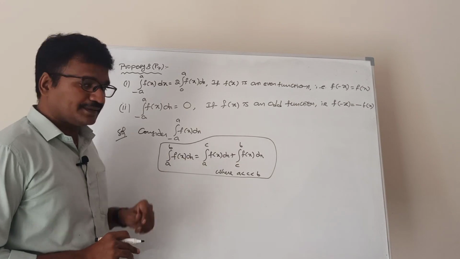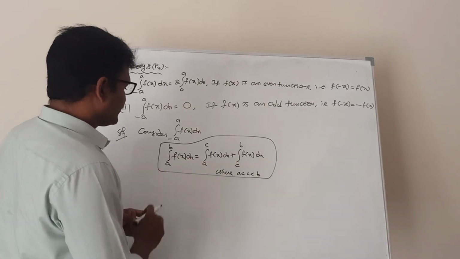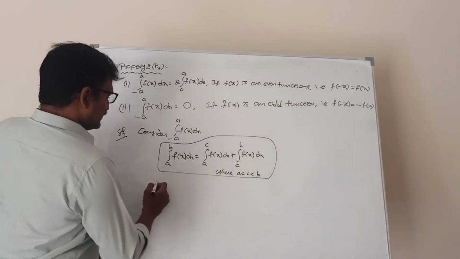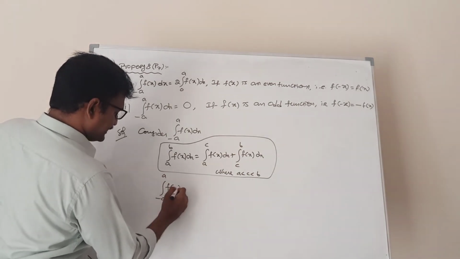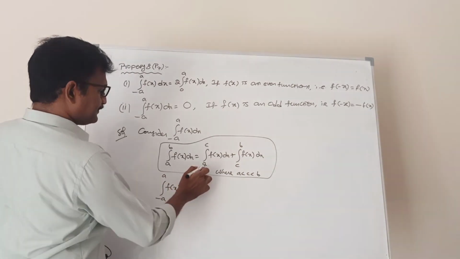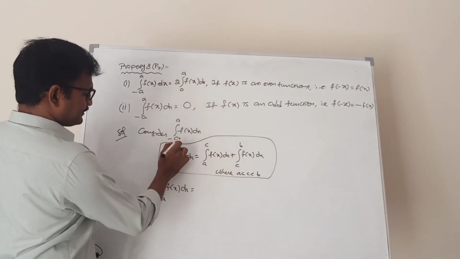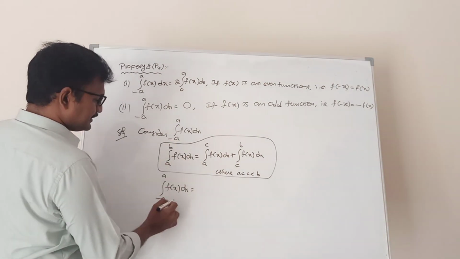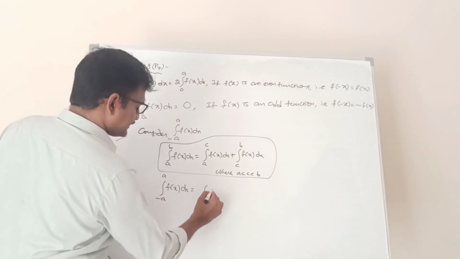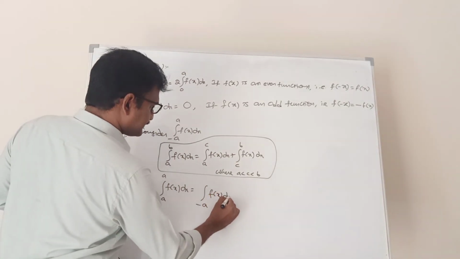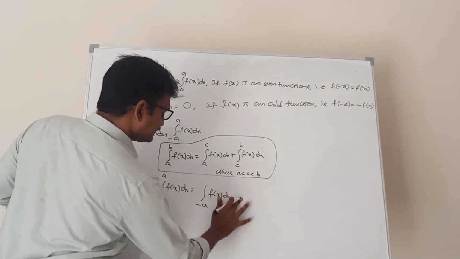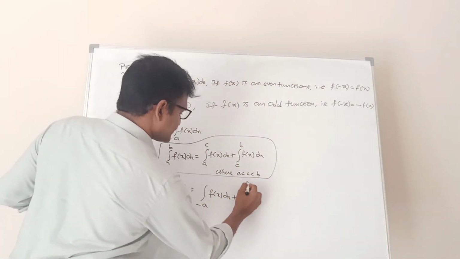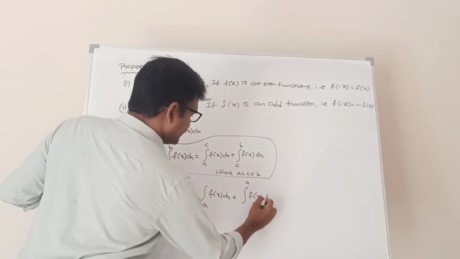This is property number 3. This we already proved. So according to this property, I am taking minus a to a f of x dx is equal to, in the place of a we have minus a, in the place of b we have plus a.